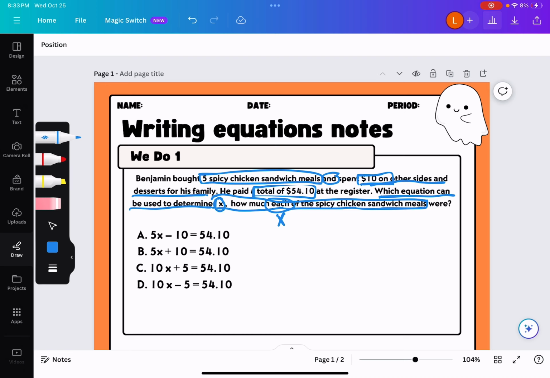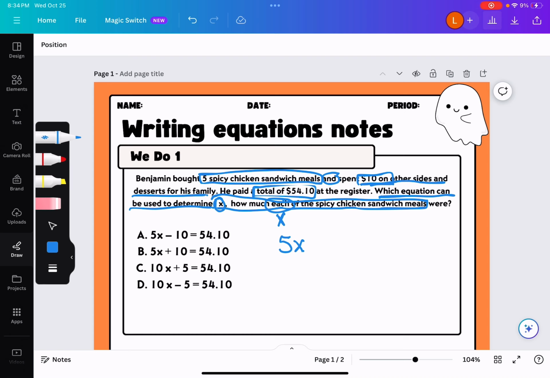So each tells us that our variable x is going to go with whatever number is tied to the spicy chicken sandwich meals. So how many spicy chicken sandwich meals did we buy? 5, and we have the keyword each of them, so we know that the x goes there.